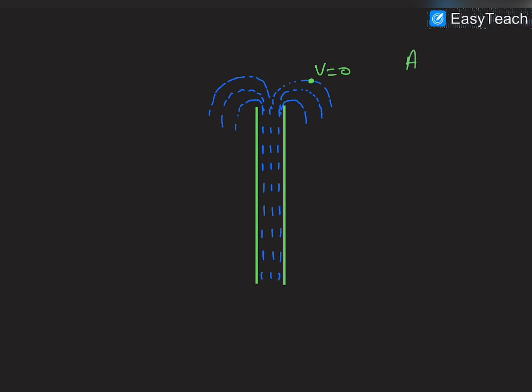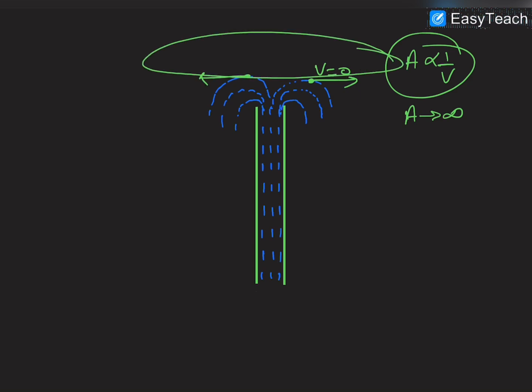As we know that A is inversely proportional to V, if V becomes zero, then A tends to infinity, which means that these molecules would try to make their area of cross section infinite. But due to the constant force of gravity, they will be pulled down and they will follow a projectile path like that. So there will be a fountain which you would see in this case.